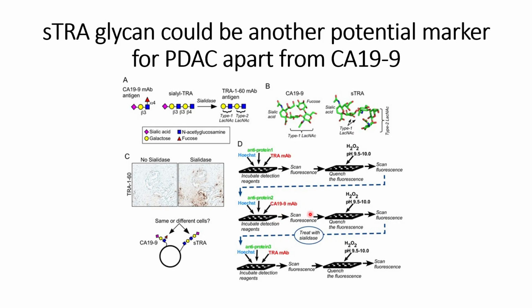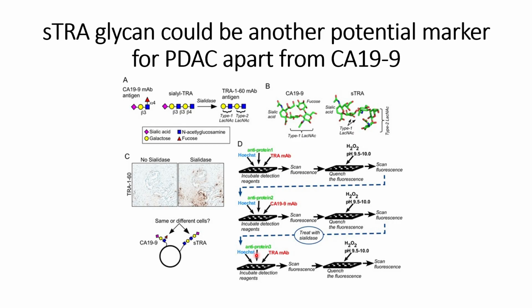After that they scanned the fluorescence and quenched it, and thereafter treated the sections with sialidase and used the same antibodies as in the first step, that is Hoechst and anti-protein 3, and the TRA monoclonal antibodies. The anti-protein 3 looks similar to the anti-protein 1, and we will discuss in subsequent videos what anti-protein 1, anti-protein 2 and anti-protein 3 mean.